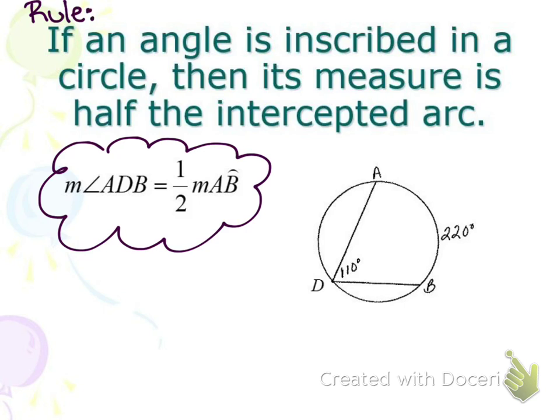If an angle is inscribed in a circle, then its measure is half the intercepted arc. So you'll notice in the picture that they gave us, they said that inscribed angle measured 110 degrees because that is half as much as the arc that it intercepts, the 220. So the angle is half the arc.